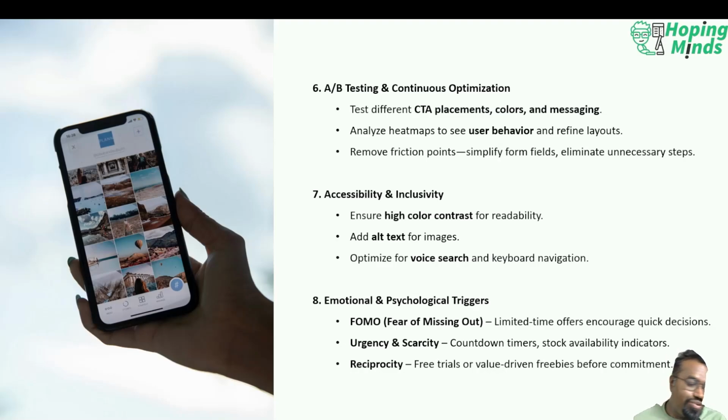So we need to do continuous A/B testing, and we should keep on doing optimization. We should test different call to action placements. We should also have proper color combinations. We can definitely try variations and see which particular colors make a good impression among the users.